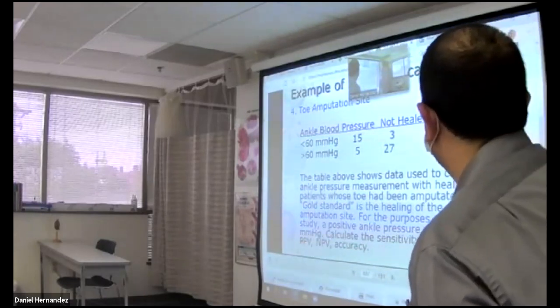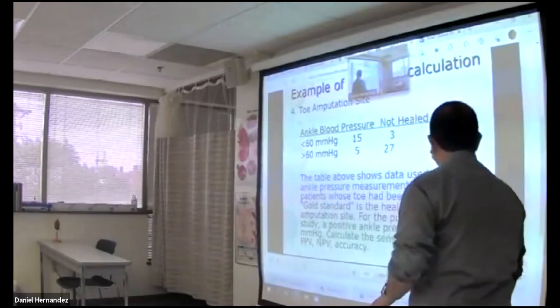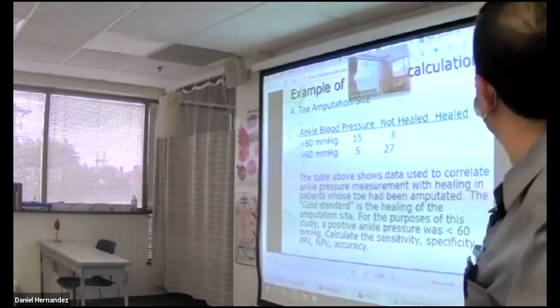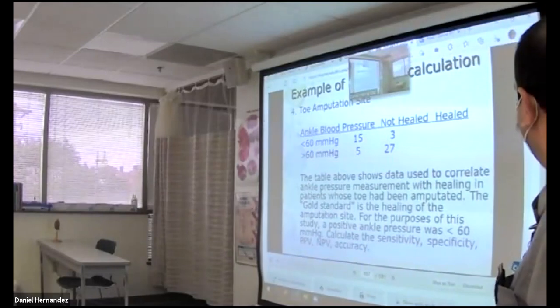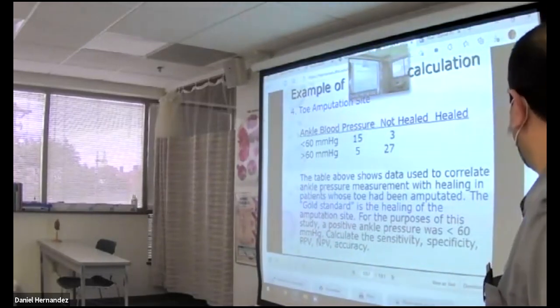Oh, okay. I'm looking at this, and this doesn't make any sense. Yeah, and 27 is here. All right, so not healed is 15 and 5.